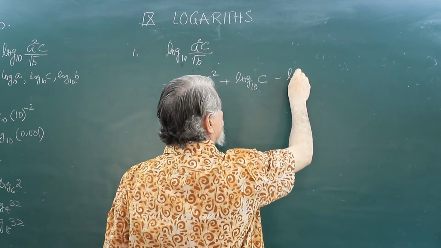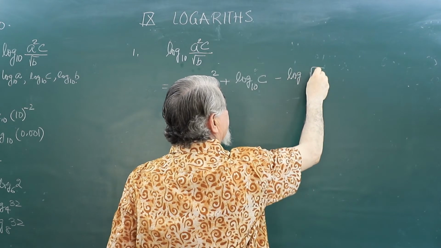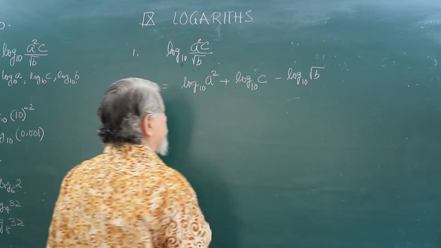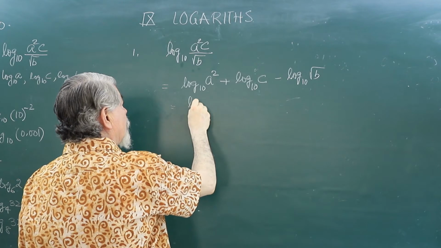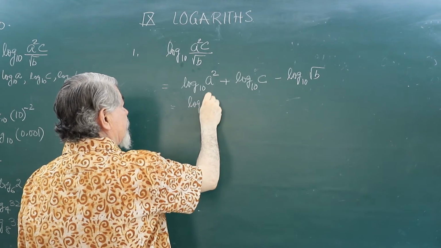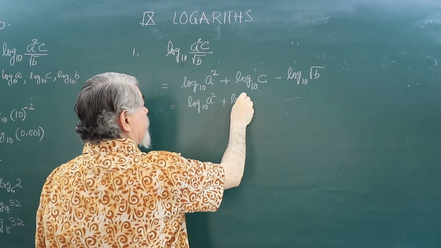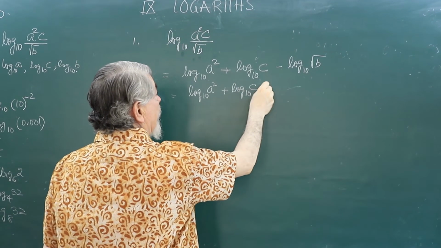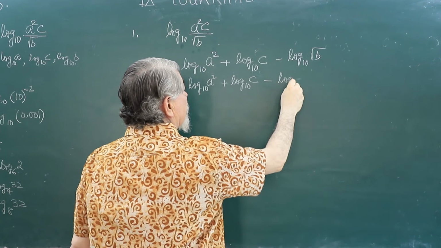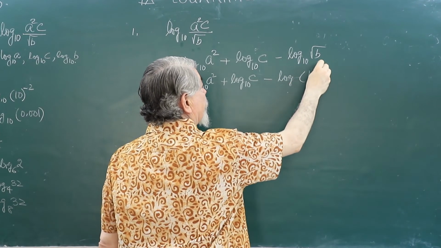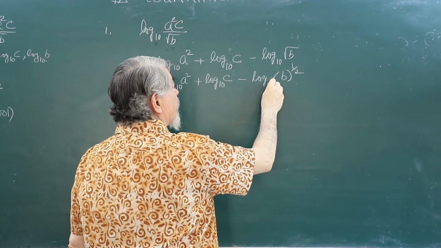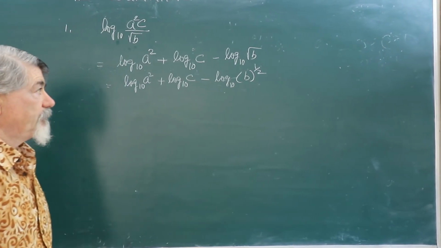That will become log under root b to the base 10. Now it is log a square to the base 10 plus log c to the base 10 minus log b to the power half to the base 10. The square root means to the power half.